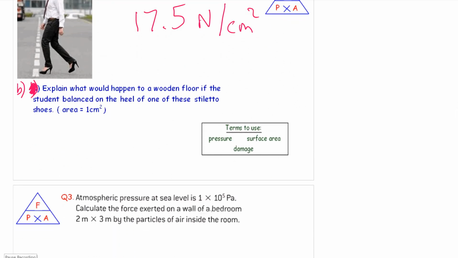And then B, explain what would happen to a wooden floor if the student balanced on the heel of one of the stilettos. Use these terms. The surface area would be dramatically reduced. Even though the force would remain the same, the pressure has increased, and so there is a large amount of damage to the floor.